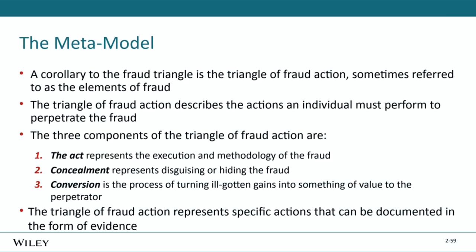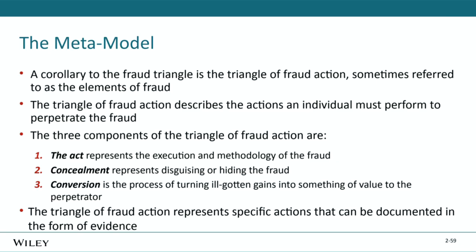So we've been going through the triangle, to the diamond, to the pentagon, to the two pyramids, and so on. But now we have the meta model. A corollary to the fraud triangle is something called the triangle of fraud action, sometimes referred to as the elements of fraud triangle.